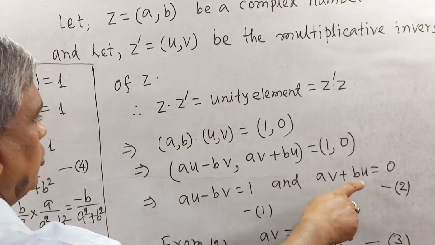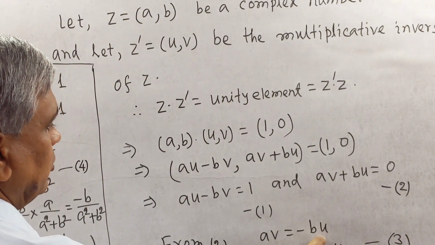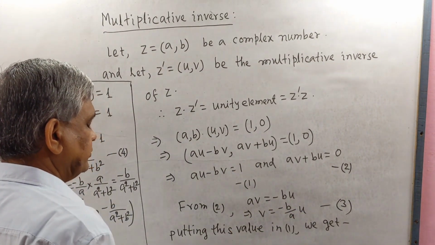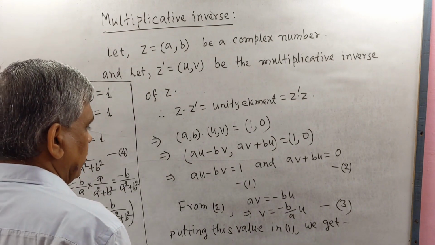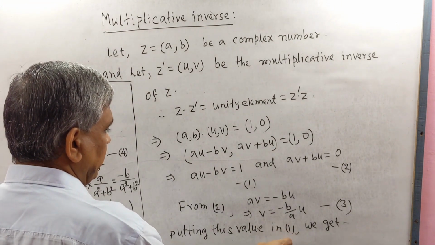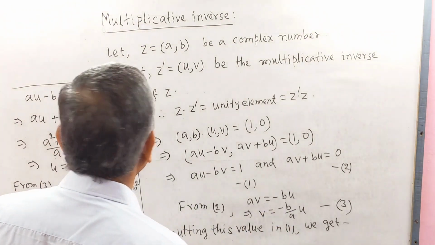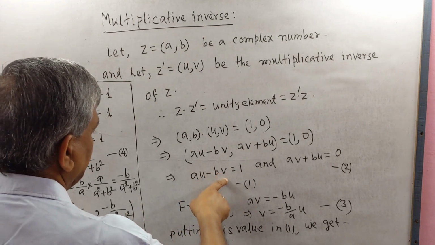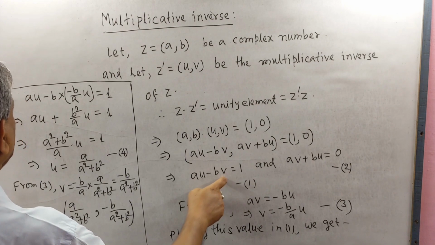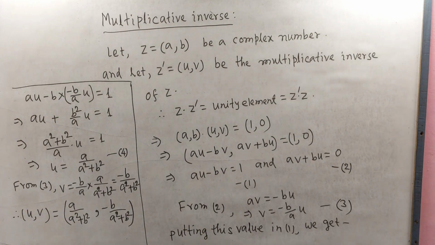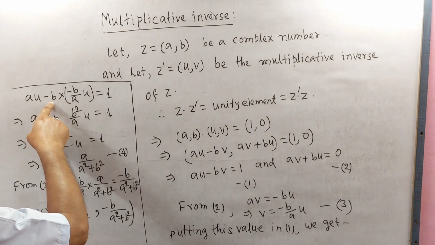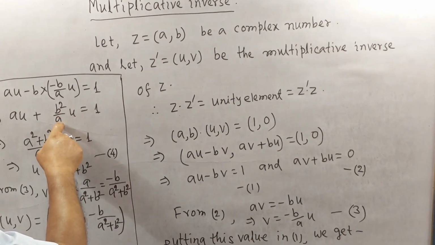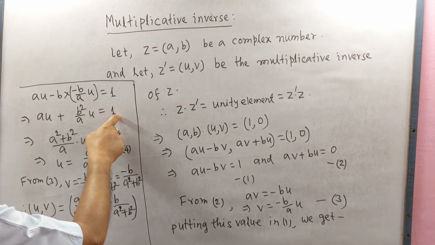From 2 we get AV equals minus BU, that is V equals minus B by A times U. Putting this value in 1, in AU minus BV we put the value of V. Here we get AU minus B times (minus B by AU), that is plus B square by AU, equals 1.